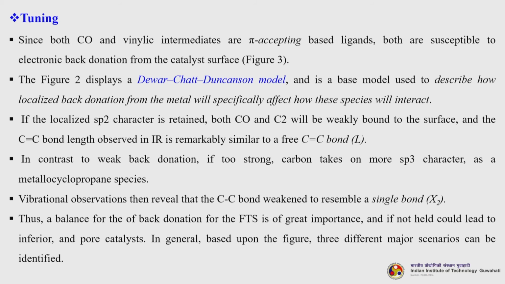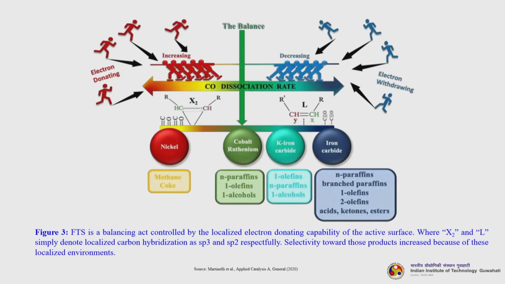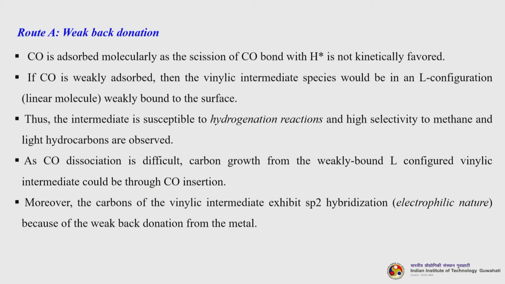Now, in general, based upon the figure, 3 different major scenarios can be identified while carbon monoxide dissociation is happening. The first one is route A, weak back donation. Carbon monoxide is adsorbed molecularly, as the scission of the carbon bond with H plus is not kinetically favored.